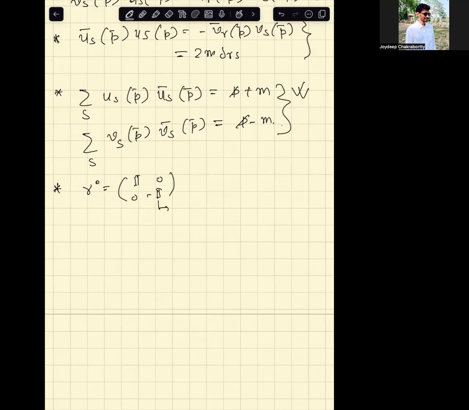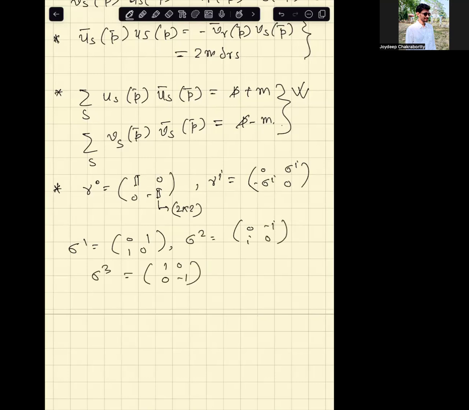So each identity matrix is actually 2 by 2. And gamma i is 0, sigma i, minus sigma i, 0. Okay, so this is a 4 by 4. And this is the definition of my Pauli spin matrices, which are 2 by 2 matrices, and sigma 3 is 1, 0, 0, minus 1. Okay, so this is the representation I'm using.